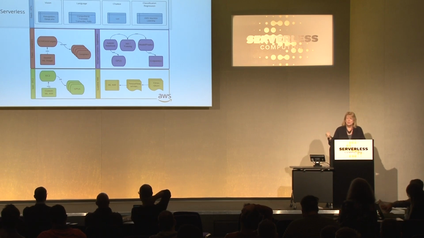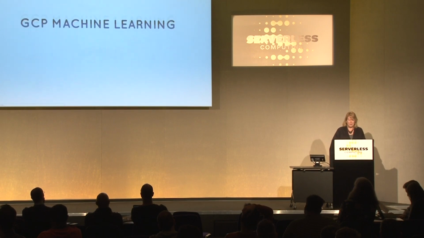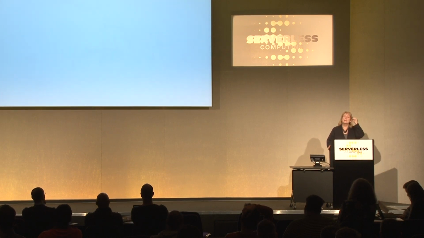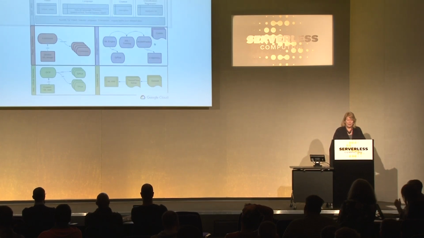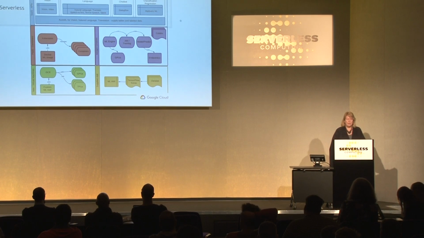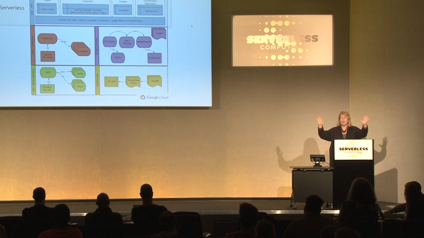The other thing is, of course, I work across clouds. So I have found it useful to take this kind of visualization and to do it across clouds, because I'll go into companies and help them to figure out which clouds are going to be strategically best for them. I've had a lot of good feedback in that having these two diagrams side by side is helpful in determining what services are available.